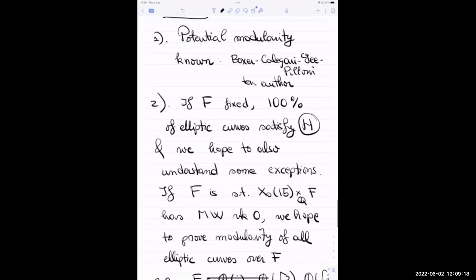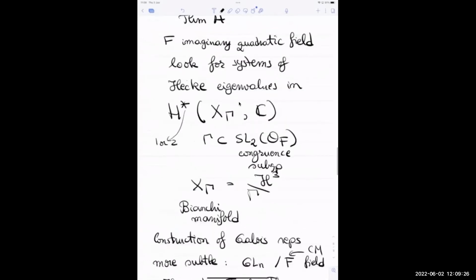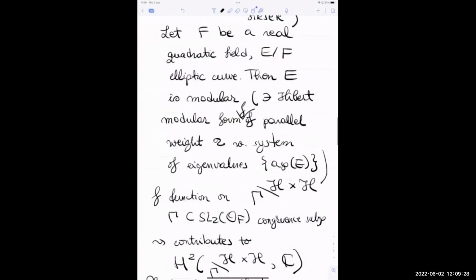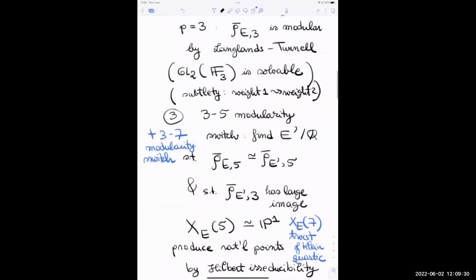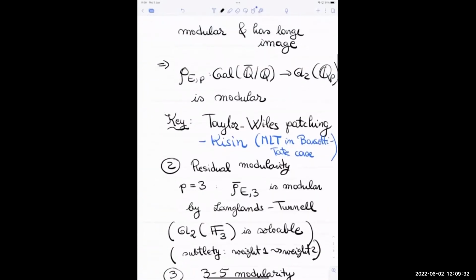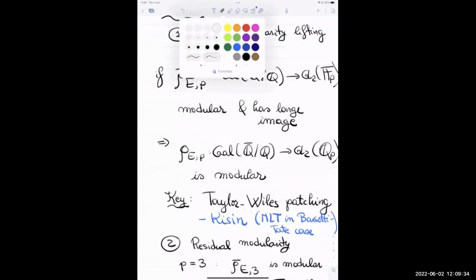Okay, so maybe I'm done with remarks, and now I want to go back to the 4 steps and highlight what needs to be done differently.